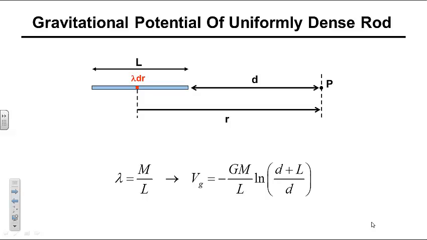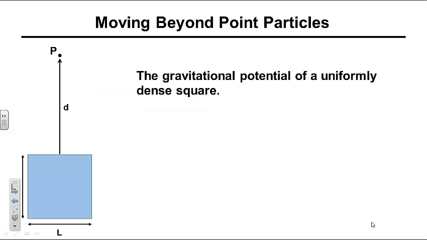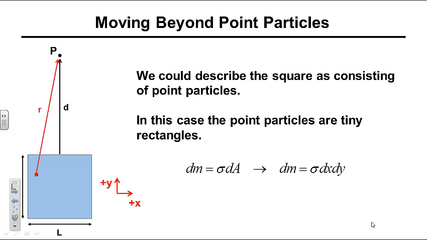For our next example, let's calculate the gravitational potential of a uniformly dense square at the position P shown in the figure. We perform this calculation by summing the contributions to the gravitational potential from infinitesimally small bits of mass in the square. As for the uniformly dense rigid rod, we could use point particles for these infinitesimal bits of mass.